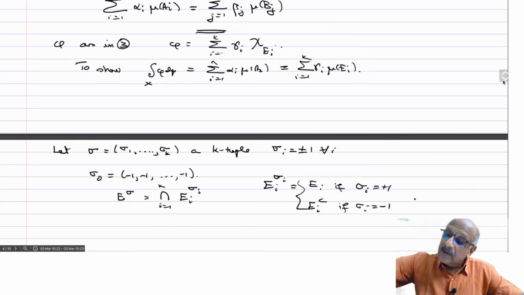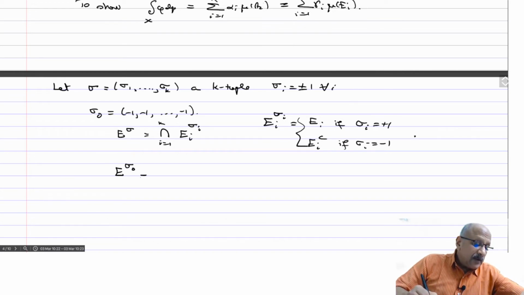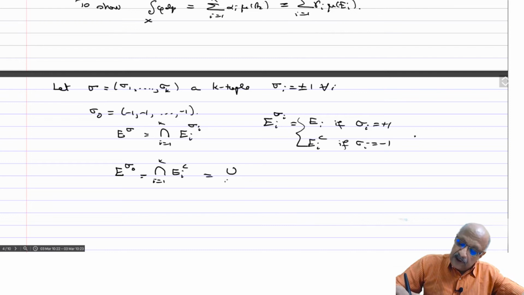So you take all these intersections and define this. So E sigma 0, for instance, is equal to the intersection i equals 1 to k of Ei complement, and that is of course the complement of the union i equals 1 to k of Ei.